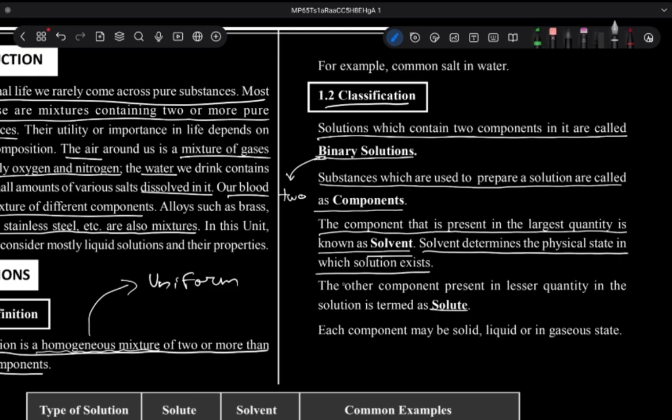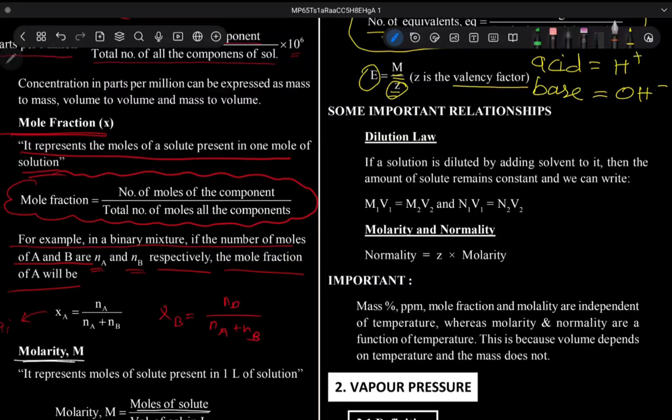The other thing is solute. The other component present in lesser quantity is known as solute. Each component may be solid, liquid or in gaseous state. Here is a simple breakdown of some important relationships. First is dilution law.